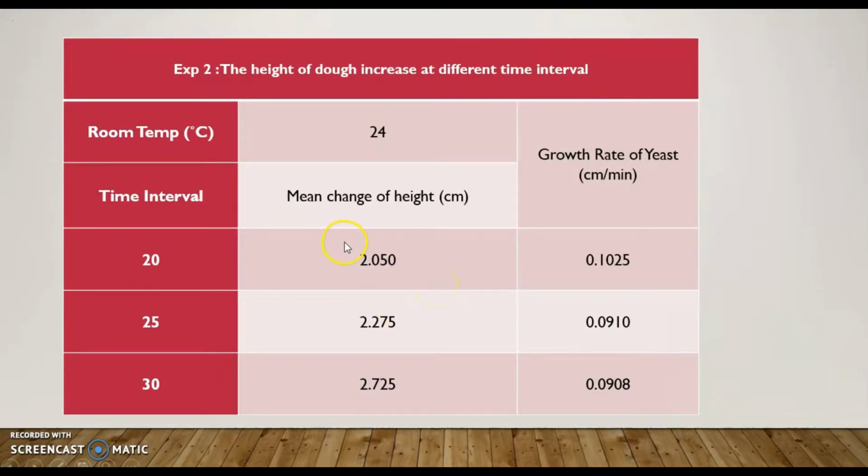And after that, we calculate the growth rate of yeast. So from here, we can conclude that when the time interval increase, the growth rate of yeast decrease. But the mean change of height increase.